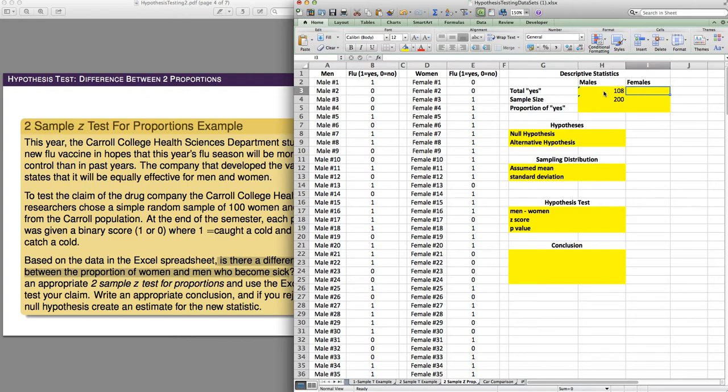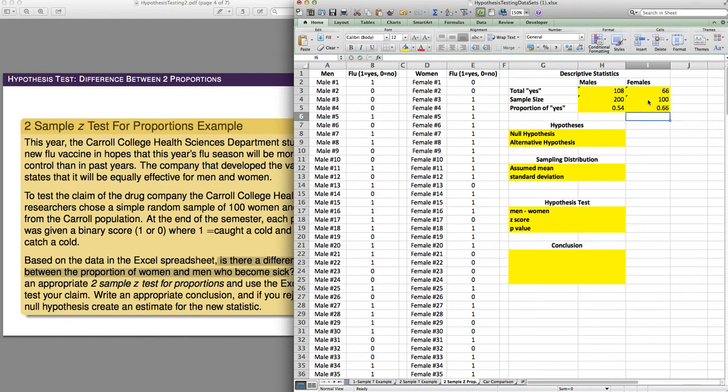I can do the same thing for the females: sum up all of the people who got sick in the female column and count all of the people in that column. So the proportion of people who got sick in the males is 108 out of 200, and in the females it is 66 out of 100.